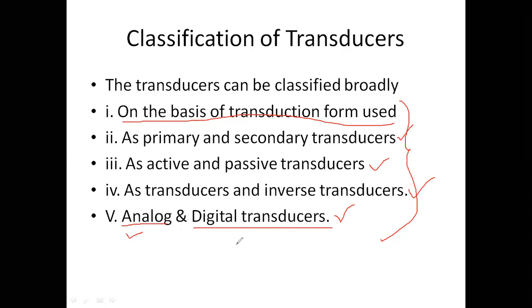For example, to measure the speed of a rotor, I use a toothed rotor type instrument. It provides pulses, and the frequency of the pulses gives the speed of the rotor or shaft. So it is a digital transducer, with output in the form of pulses, ones and zeros.